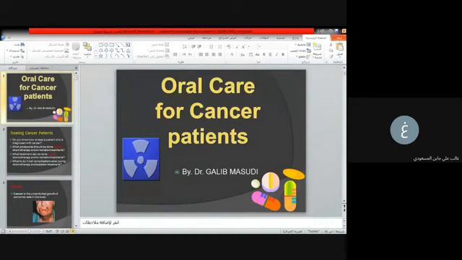Prior to head and neck radiation, the patient should have a thorough examination at least 1 month prior to the radiation treatment.